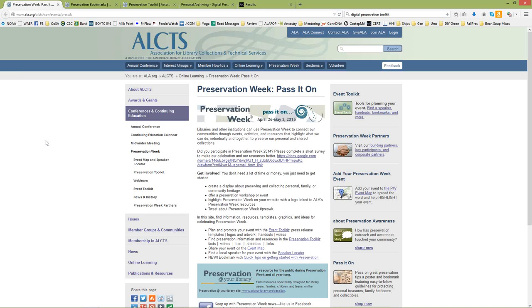Around here in New York, we've got the Penny Saver, which is a free little community newspaper that goes out to everybody in the area. You can put announcements in something like that. If you've got community newsletters that go out, you can do that, but often the community newsletters around here are only quarterly, so that might not work. But if yours are more frequent, you can do something like that.